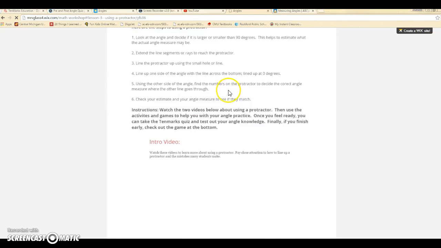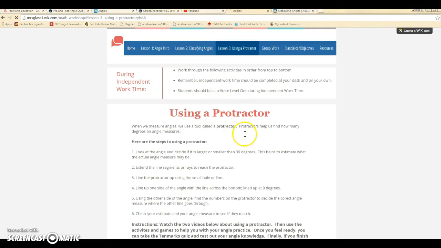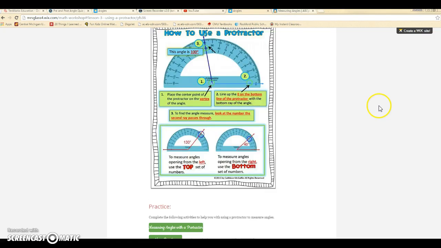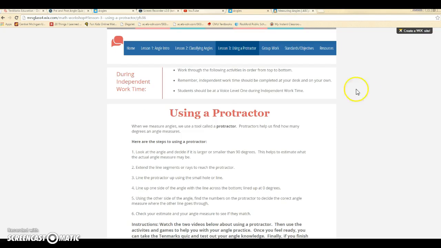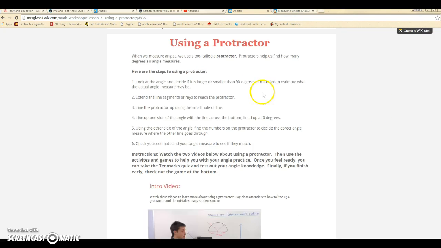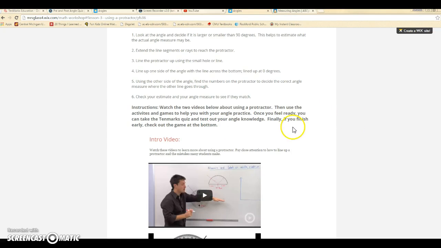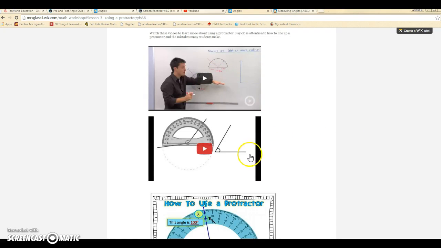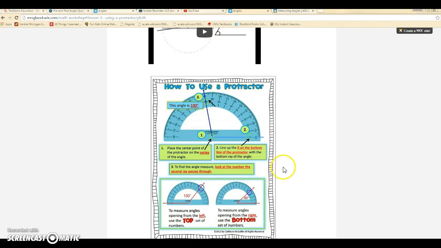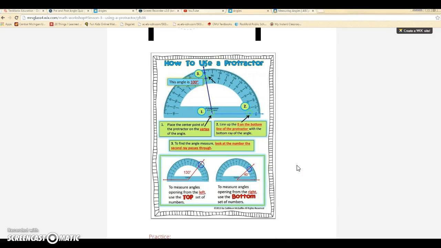Finally, lesson 3 would be using a protractor, and again I kept it the same at the top with what my expectations are. This would be the description of using a protractor and the instructions. I included 2 videos and another visual here because using a protractor is the main focus.